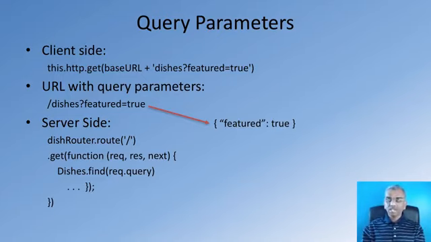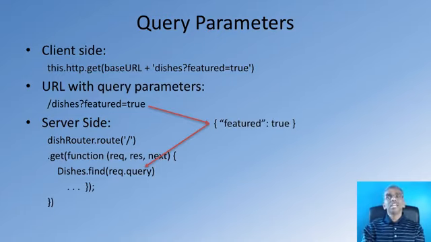Now, this is available on the server side in the form of req.query. So whatever query parameters you include in the URL will be turned into corresponding JSON objects with the information set as shown here, and then loaded onto the request object on the server side. So by using req.query on the server side, we will be able to obtain these query parameters.